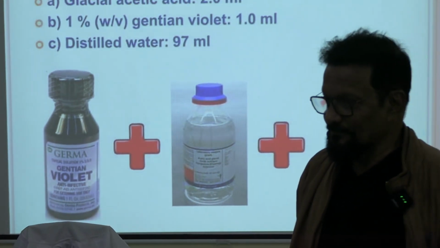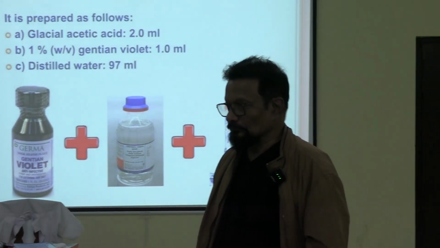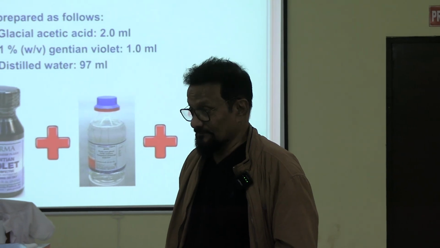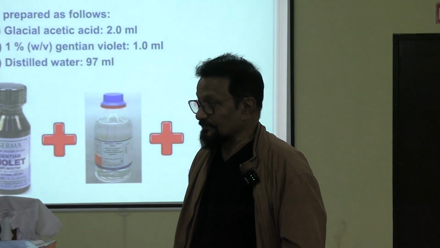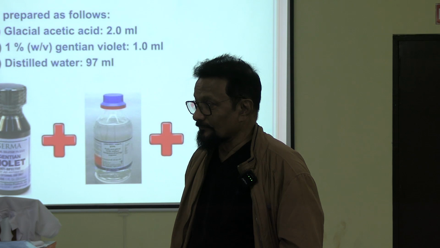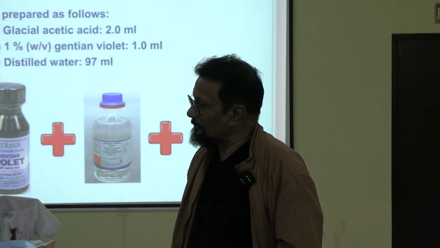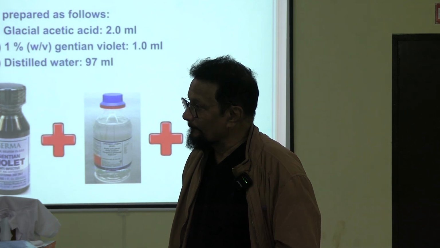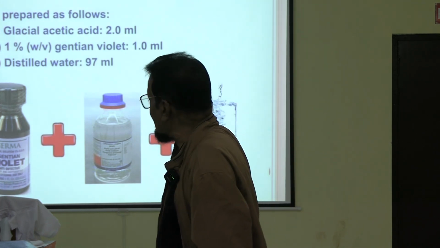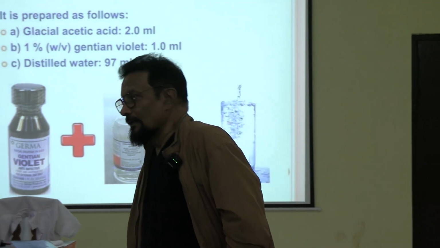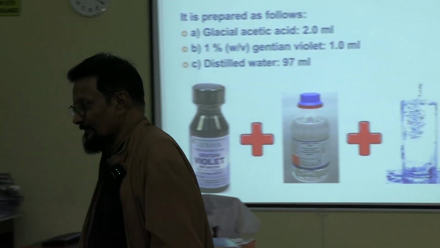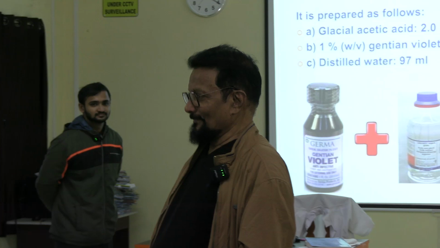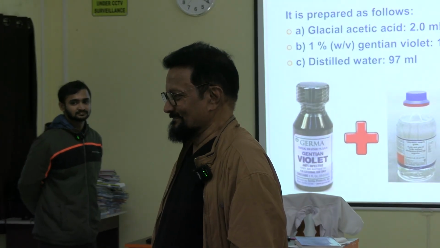Hemolysis means breakdown of which cells? RBCs. There will not be breakdown of WBC. Why? If acetic acid can break down RBC, why not WBC?